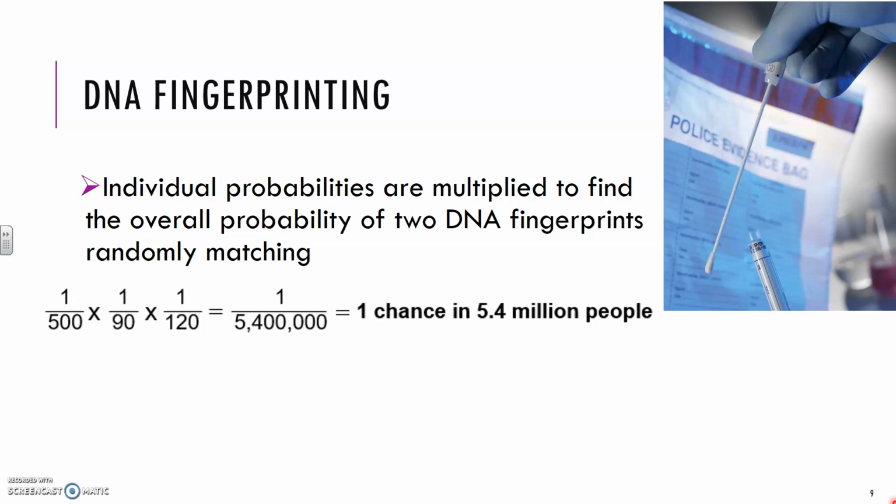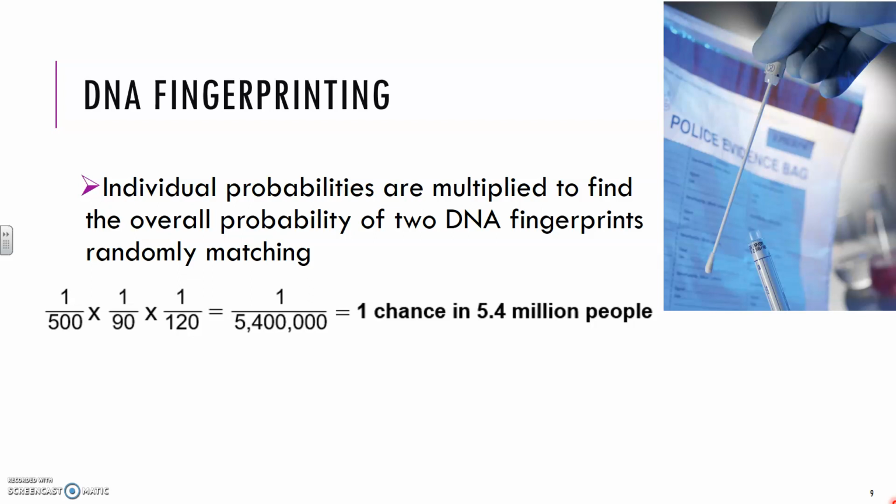So basically this is looking at, okay, so you're the 1 person in 500 in this location, and you're 1 person in 90 in this second location, and you're 1 person in 120 in this other location. So you multiply these probabilities together, and you get 1 chance in 5.4 million people that you will have a duplicate of those 3 conditions.